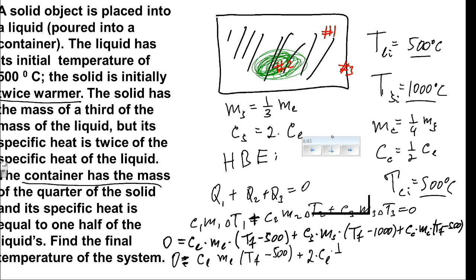The mass equals 1/3 of this. For the container, 1/2 of this. Now the mass. That's kind of tricky. The mass of the container equals 1/4 of the mass of the solid, which equals 1/3 of the mass of the liquid. So 1/4 and 1/3 gives 1/12 of the mass of the liquid.